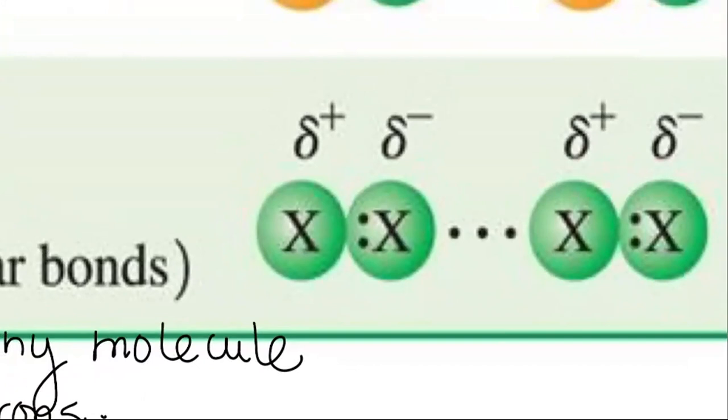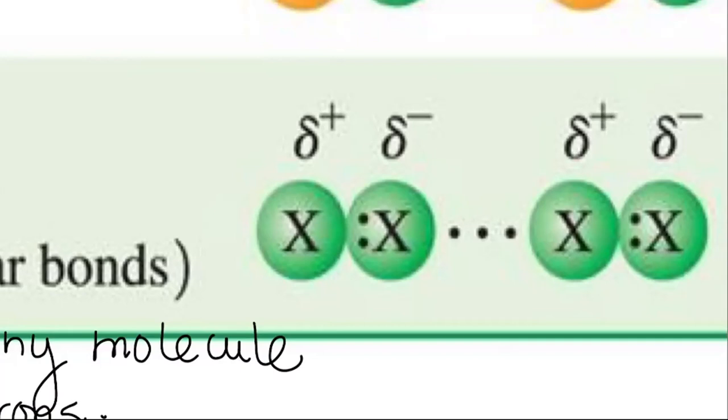So it's not a full charge, it's kind of like a partial charge. That's why we have the symbol delta. Last time we talked about the delta symbol was when we were talking about a polar bond. So understand that this plus minus that we see here with the delta sign is because the electrons are circling and positioning themselves in one corner of the molecule, and that's going to create, again, a temporary dipole in a molecule.